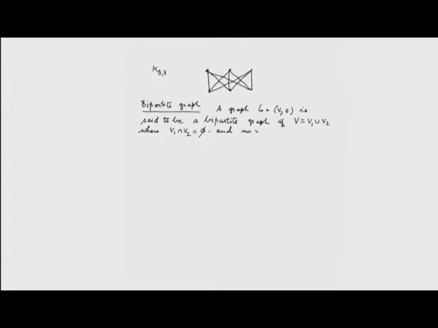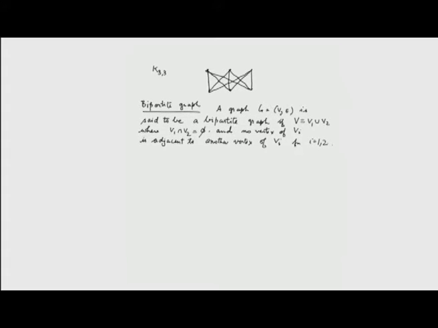no vertex of Vi is adjacent to another vertex of Vi, for i is 1 and 2.